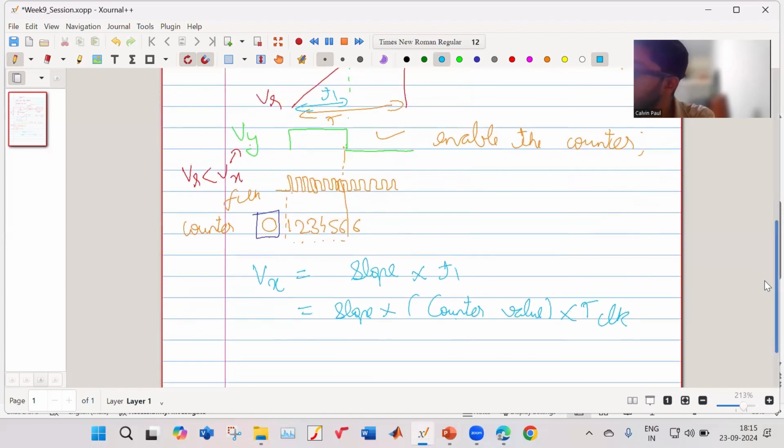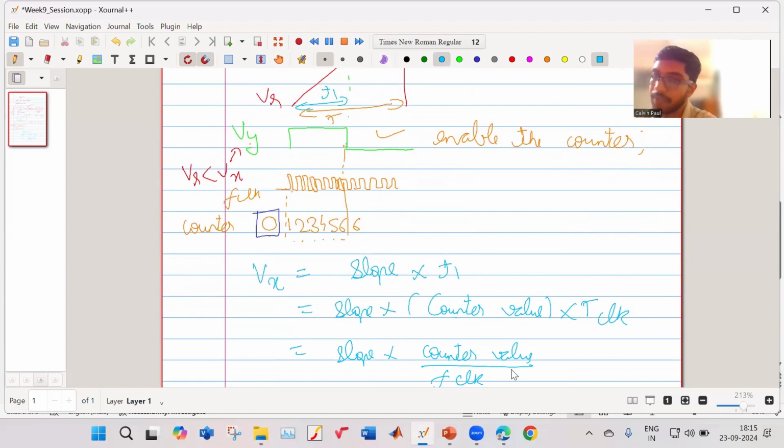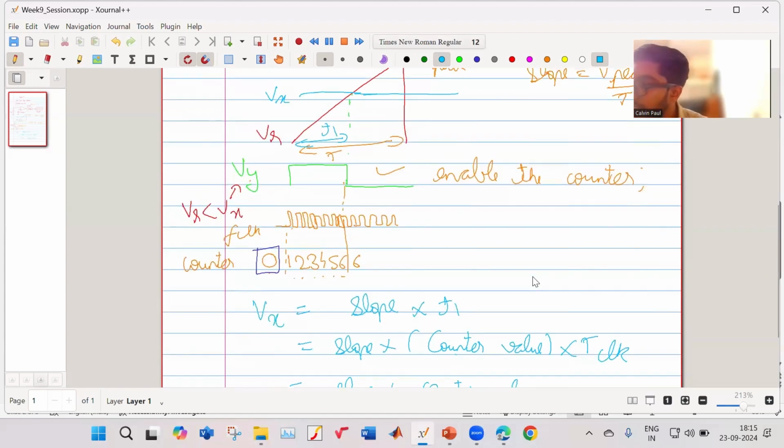And that actually is equal to slope into counter value upon f clock. So in this manner, we are able to measure the voltage. Any doubts in this, or you want me to repeat it again?